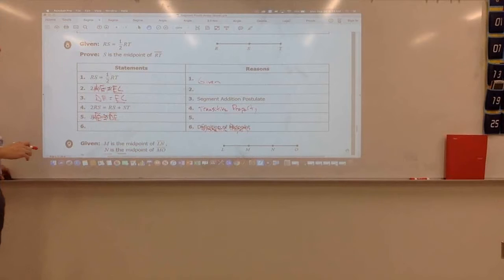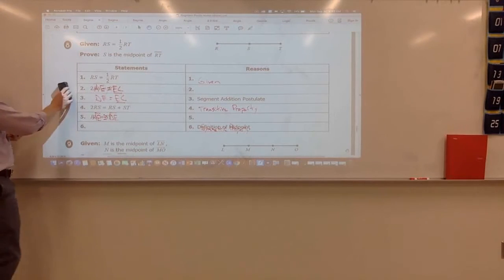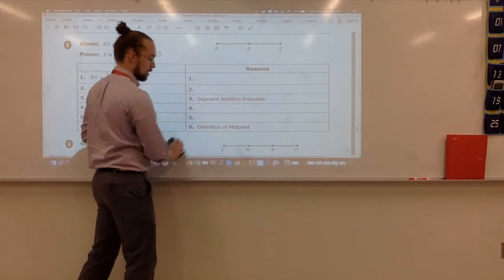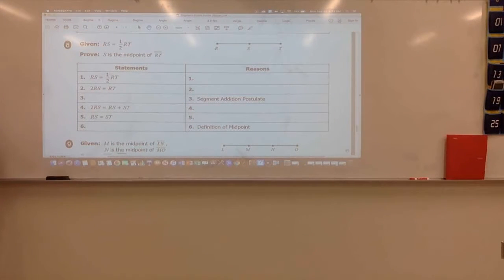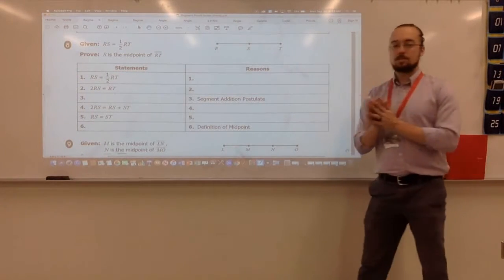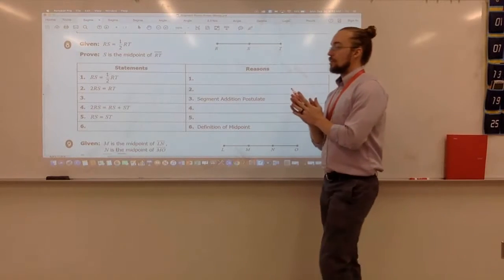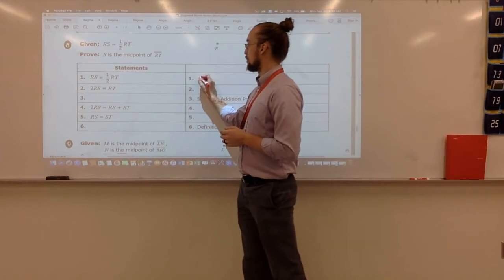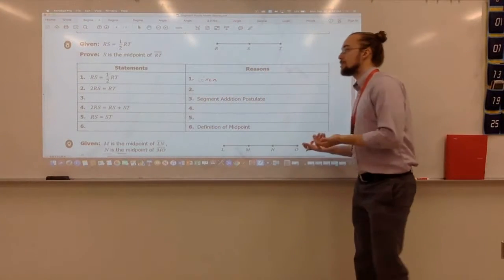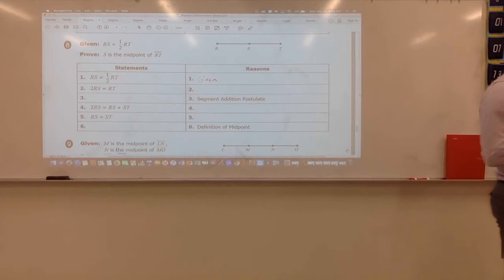Sure. Let's go ahead and do number 8 together as well then, and then I'll have you guys try number 9. So on number 8, the first line we know is the given information, right? So RS equals 1/2 of RT.